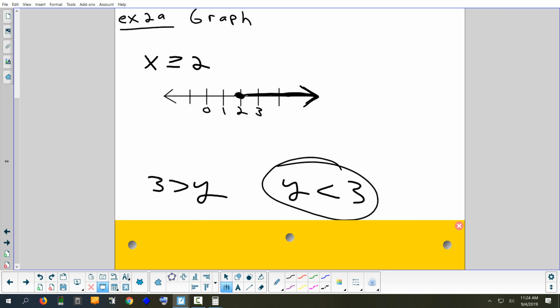Anyone know why I would prefer that over the first way? It has to do with helping me to draw the graph. Why do you think I prefer y is less than 3 compared to 3 is greater than y? They're the same thing. Yeah, Emily? Now you're saying y is like the beginning, so it's your starting point, so you can visualize how you want to draw it.